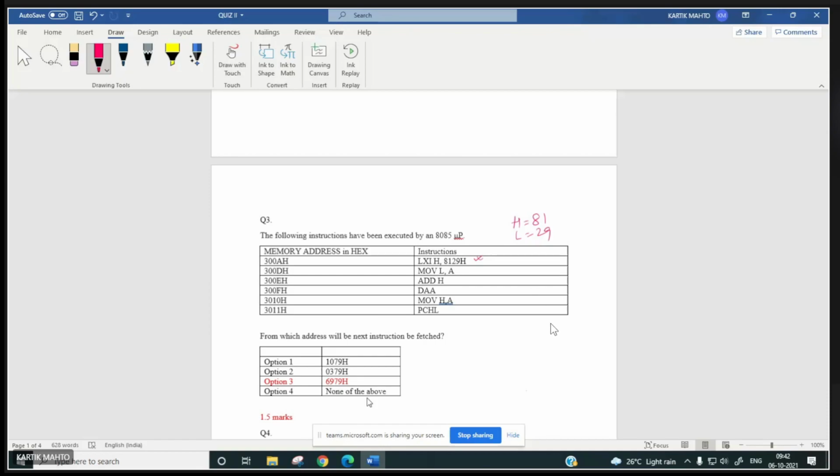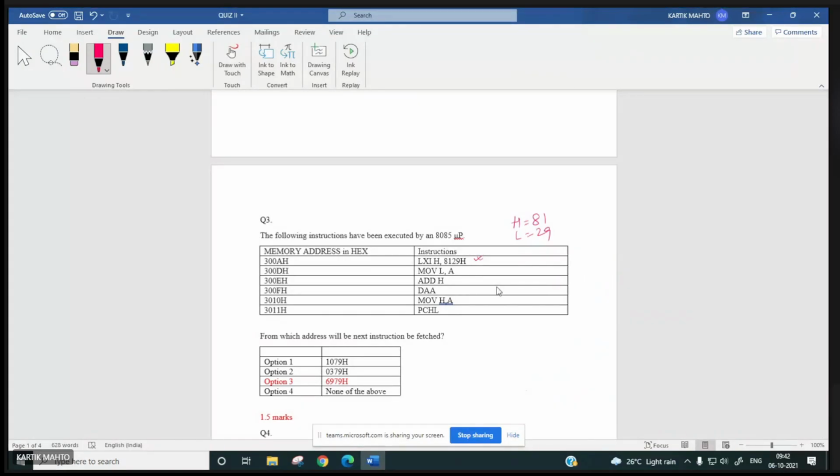Sir, so a garbage value will be transferred, sir? Something means this is wrong probably. In fact, I was interested in doing this A comma L. Sorry. Actually, it was L comma. That's why we went for none of the above, sir.